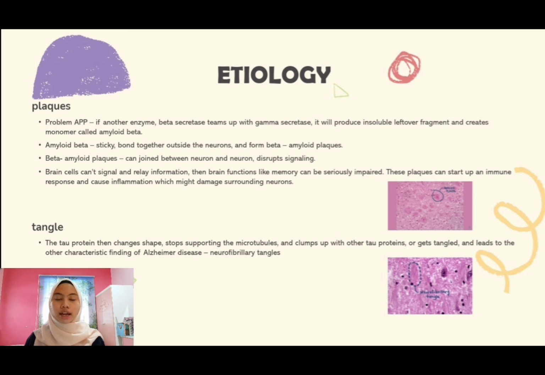Kinase is an enzyme that transfers phosphate groups to the tau protein, which causes tau protein to stop supporting the microtubules and get tangled with other tau protein, which leads to another characteristic finding of Alzheimer's disease, called neurofibrillary tangles. So, a neuron with tangles and non-functioning microtubules cannot signal as well and ends up in programmed cell death.